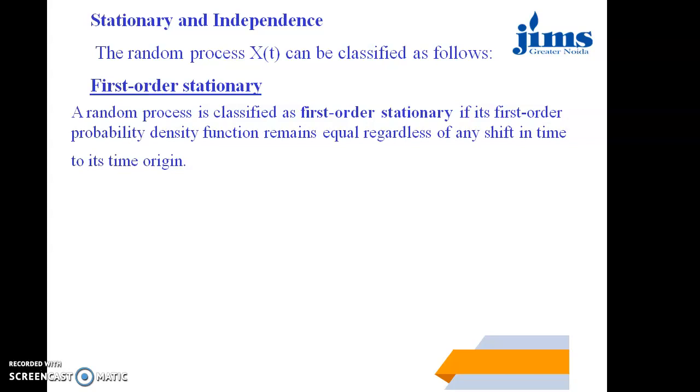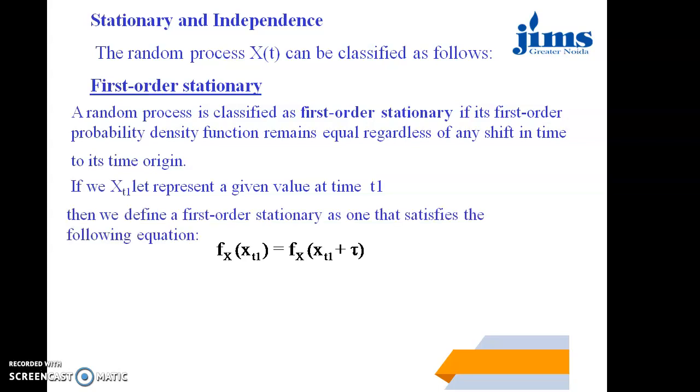It is not at all dependent on any particular time shift from the origin, but it depends on the PDF, the probability density function. So if X(t1) represents a given value of a random function at time t1, then we define the first order stationary function as one that satisfies the following equation.